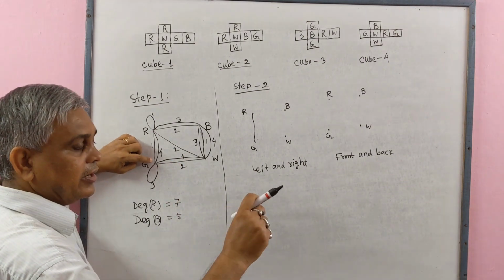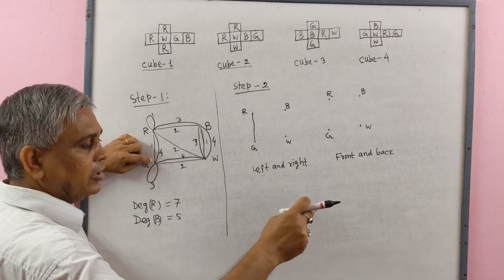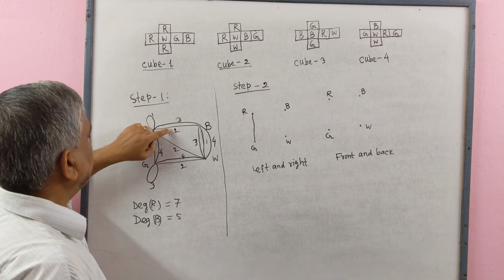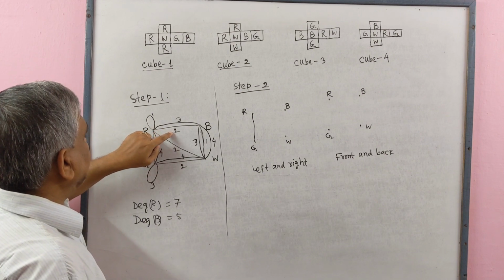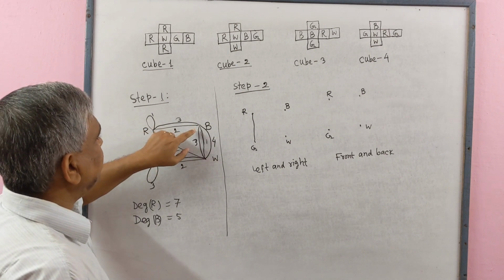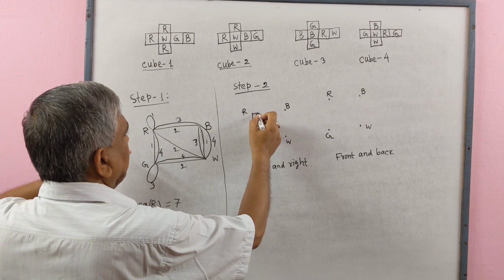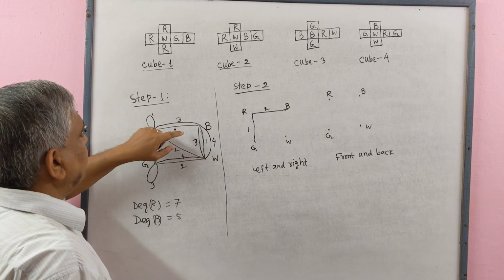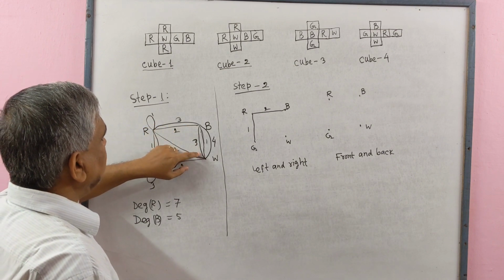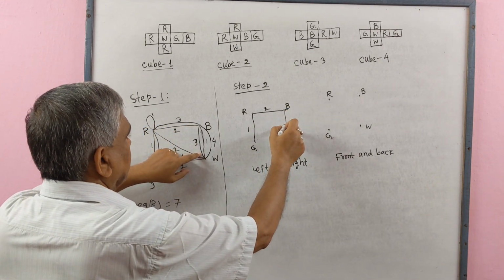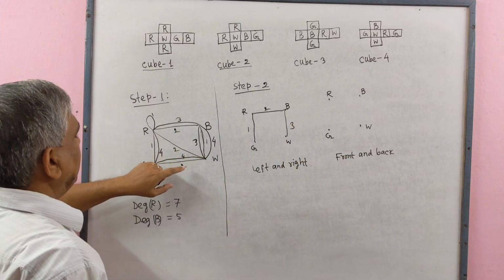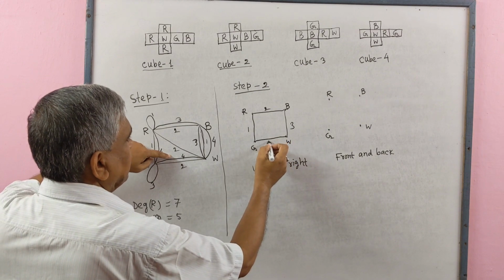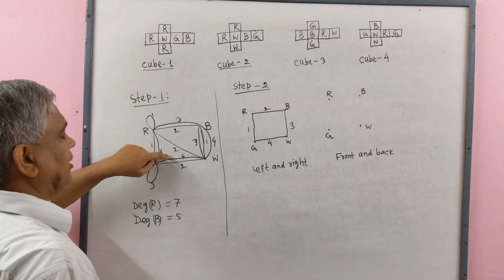For the second cube left and right we take another edge, 2, where R joins B. This is first, this is second. We may take for the third one edge 3 here. This is 3 and this is 4, WG. So we get a subgraph.